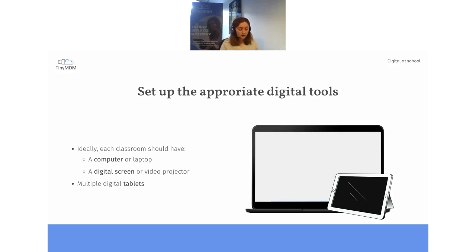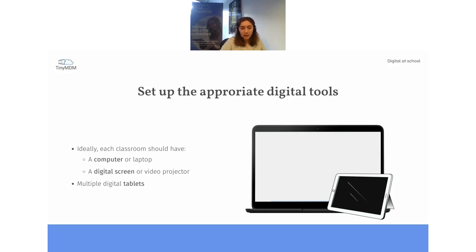The teacher will see all the devices on his computer. He can remotely take control of all the devices, push applications, push files on each tablet, restrict the access, and see what the student is doing on it. So it is important to have a computer or a laptop per teacher and tablets per student.